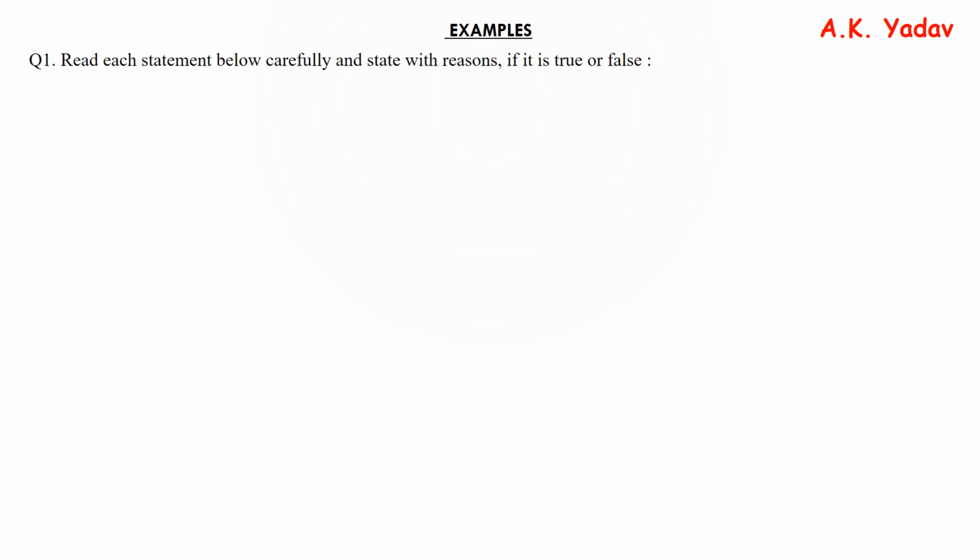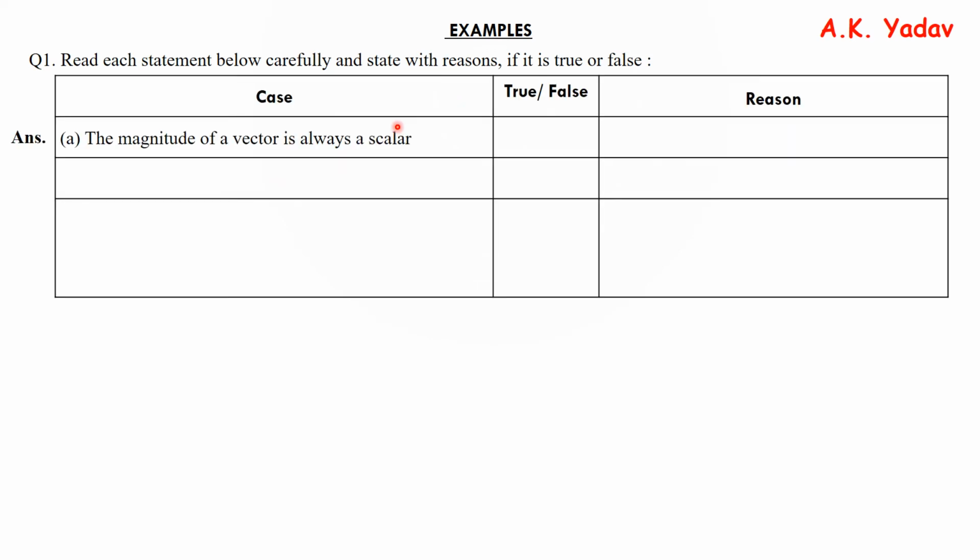Let us do a few examples to have a better understanding of the topics that we have studied till now. Question number 1. Read each statement below carefully and state with reasons if it is true or false. Case A: the magnitude of a vector is always a scalar. It is true because magnitude is a number and it's a scalar.